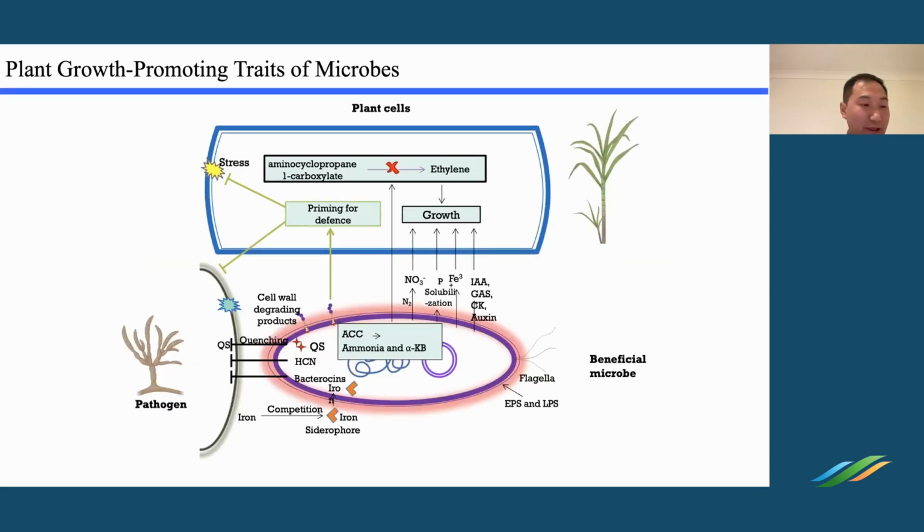As depicted in this illustration, it demonstrates key mechanisms by which bacteria can benefit plants. Among these, the bacterium can combat the pathogen via production of siderophores, and can also directly promote plant growth by solubilizing the phosphate in the soil to make it more available for the plant to use so that it can grow better.